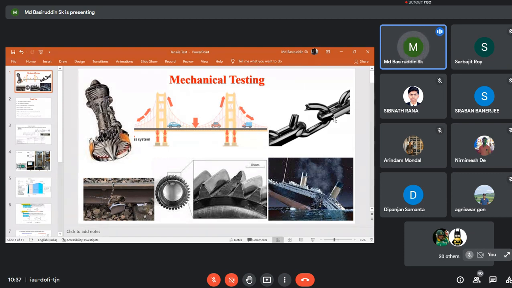The rivet joint here, I don't know whether it is hypothetical, but in that period of time this kind of failure happened.